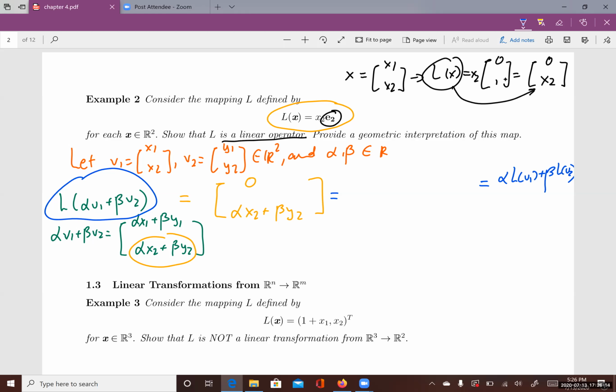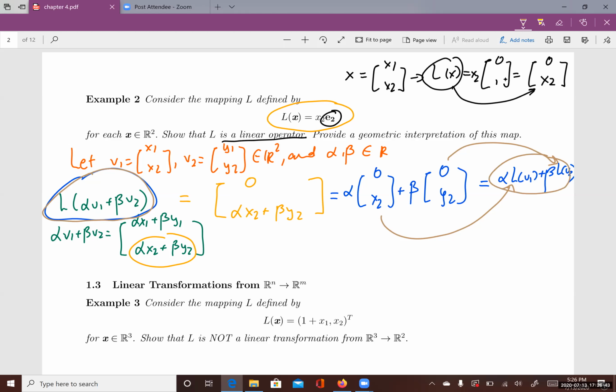So I can split this as alpha times 0, x2 plus beta times 0, y2. And alpha times 0, x2 is the same as alpha LV1, and beta times 0, y2 is the same as beta LV2. So that's why the left-hand side equals the right-hand side. We finish this problem. We showed that this map is a linear operator.